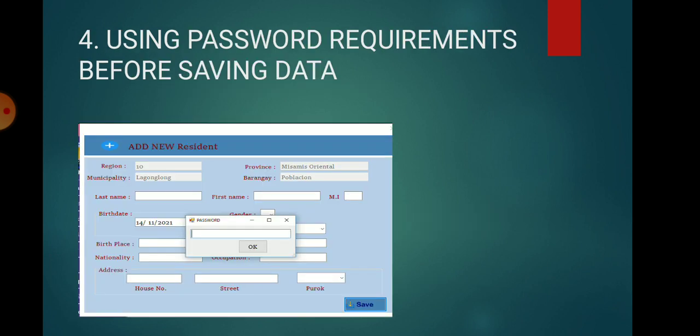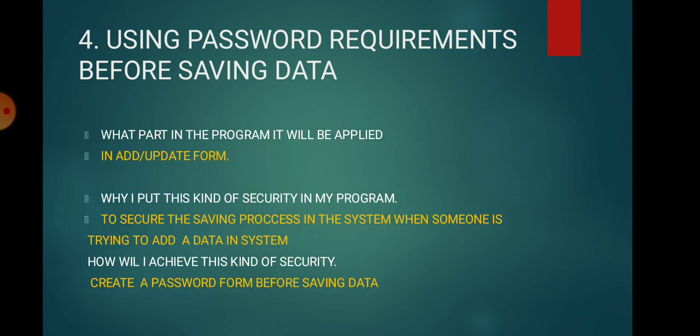Next is using password requirements before saving data. This is an example. You need to input a password before saving the data or updating the data. What part in the program will it be applied? Of course, in the adding and updating form.